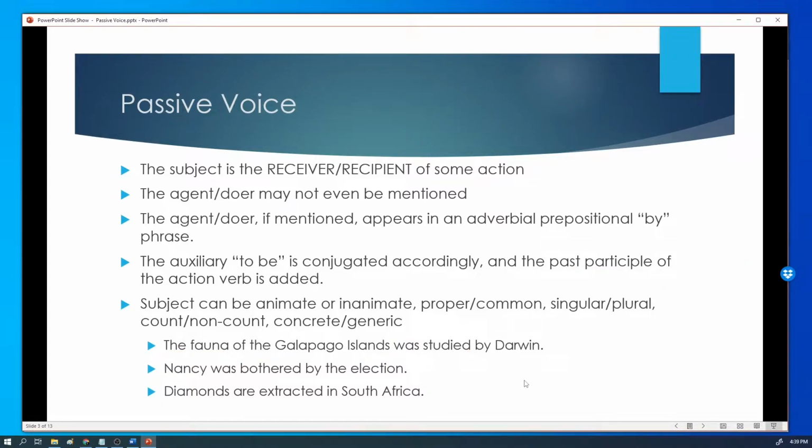Here I have the prepositional phrase that begins with by, and so this is the doer of the action. The action was studied, and the fauna is the subject, but it is the receiver of the action.